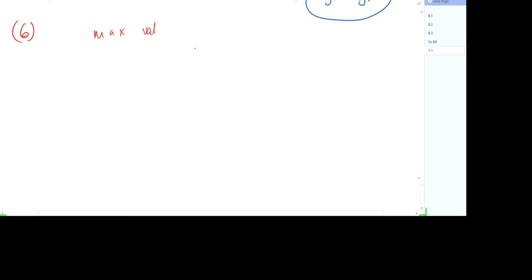Maximum value is? Okay, then. 10 equals P sine. Okay, sine. P sine. -4.